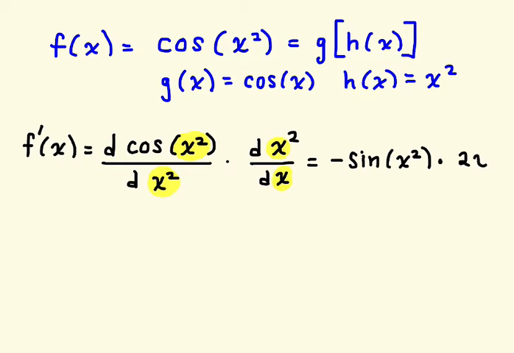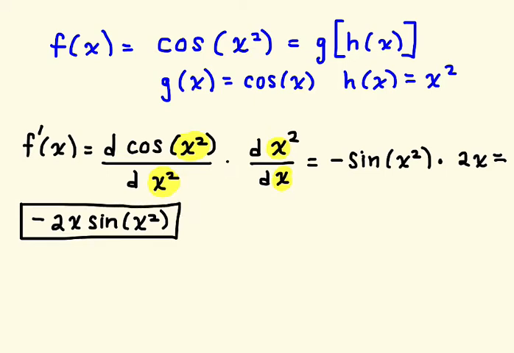And so if we simplify this, or clean this up a little bit, we end up with negative 2x sine of x squared. So that's our example of when we have a composite of two functions. Let's try another one. Let me give you another one, and then we're going to look at it when we have a composite of maybe three functions. Okay? So let me add a page below.